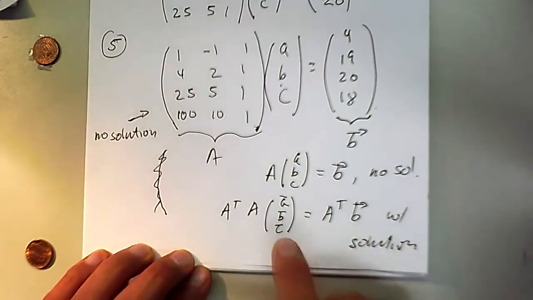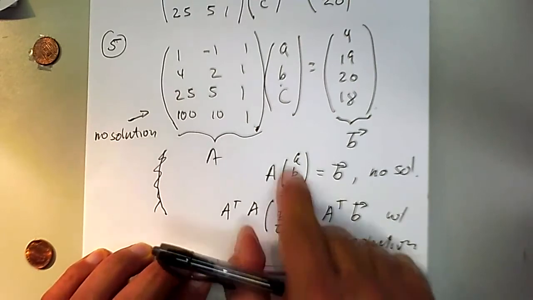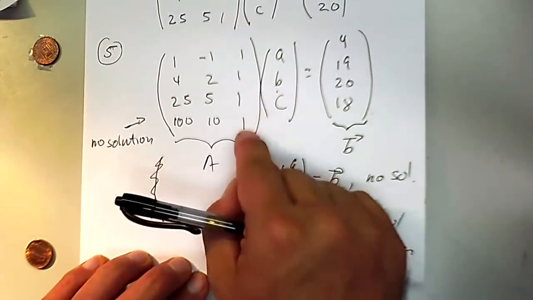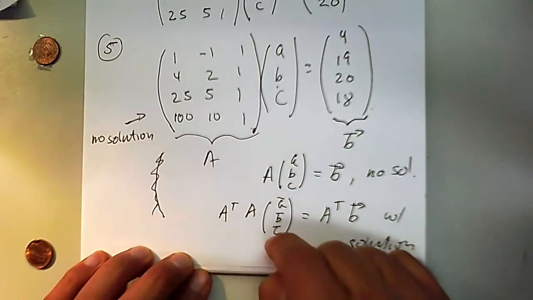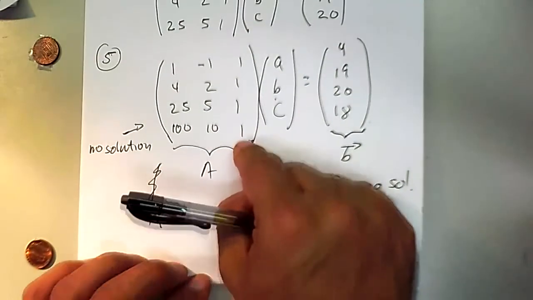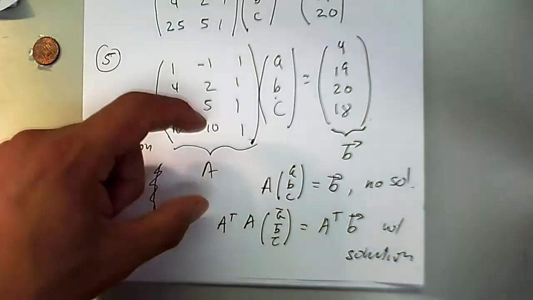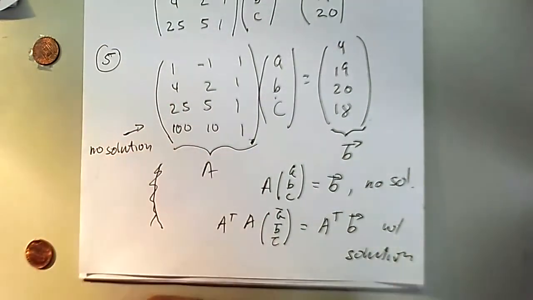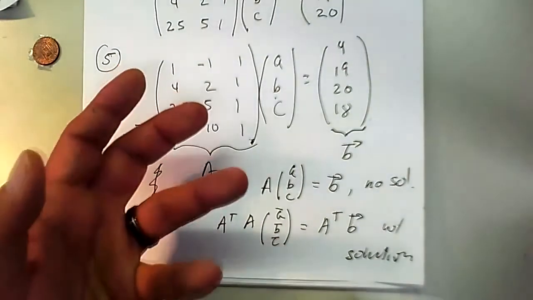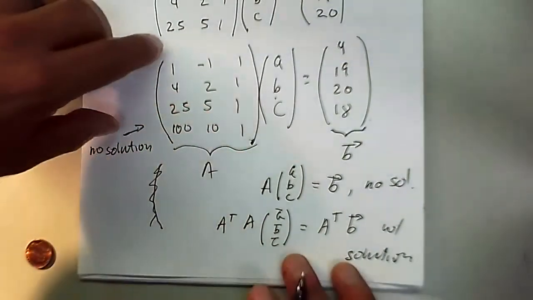That solution will not satisfy this equation, but it will be the closest one we can obtain to satisfying it. Why? Because we're going to have a projection, and the projection always gets closest to the plane where we actually want the solution.